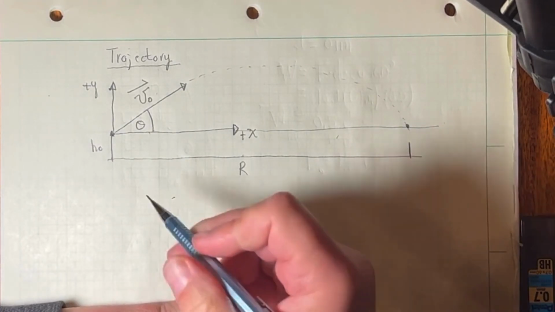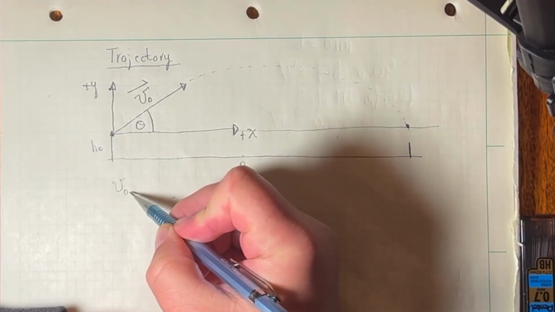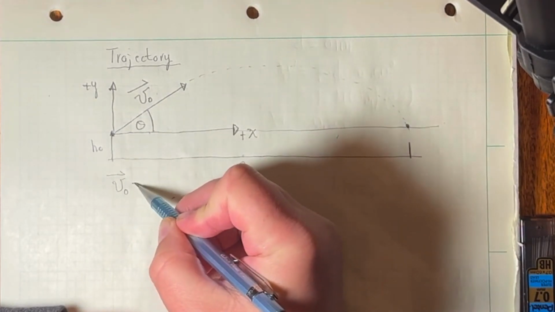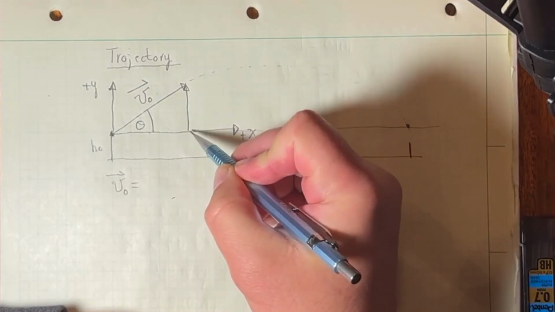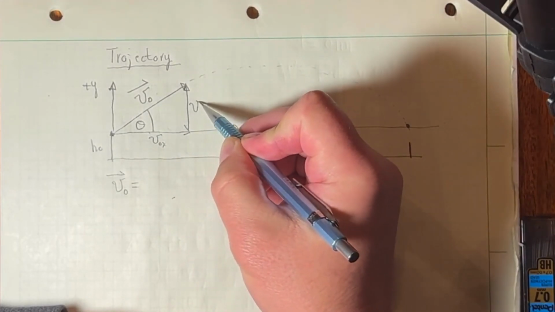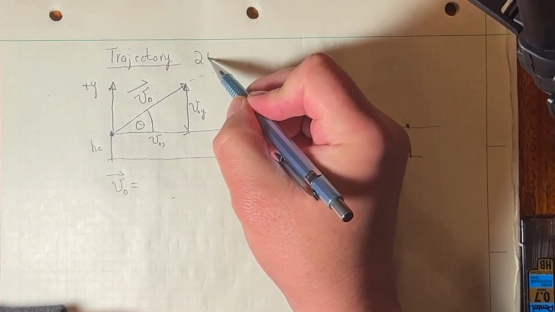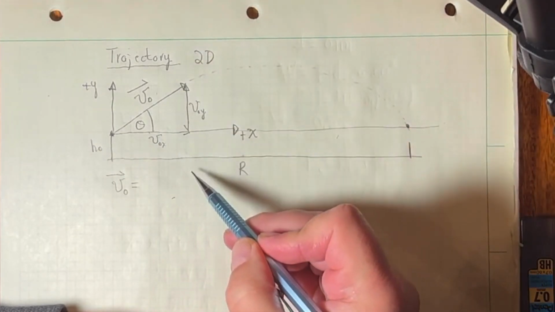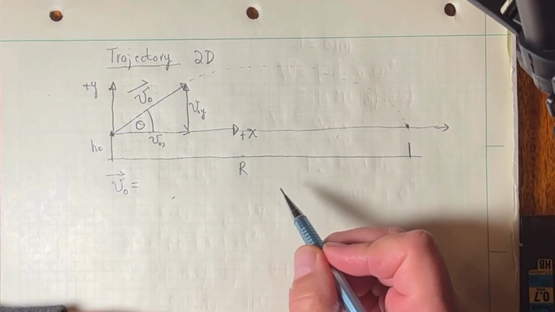Okay, so let's write the initial velocity. The initial velocity vector that's launched here has two components to it. It has a horizontal component v0x and a vertical component v0y. So it's a 2D problem. The arrow goes vertically upward and then back downward, but it also travels in a plus x direction.